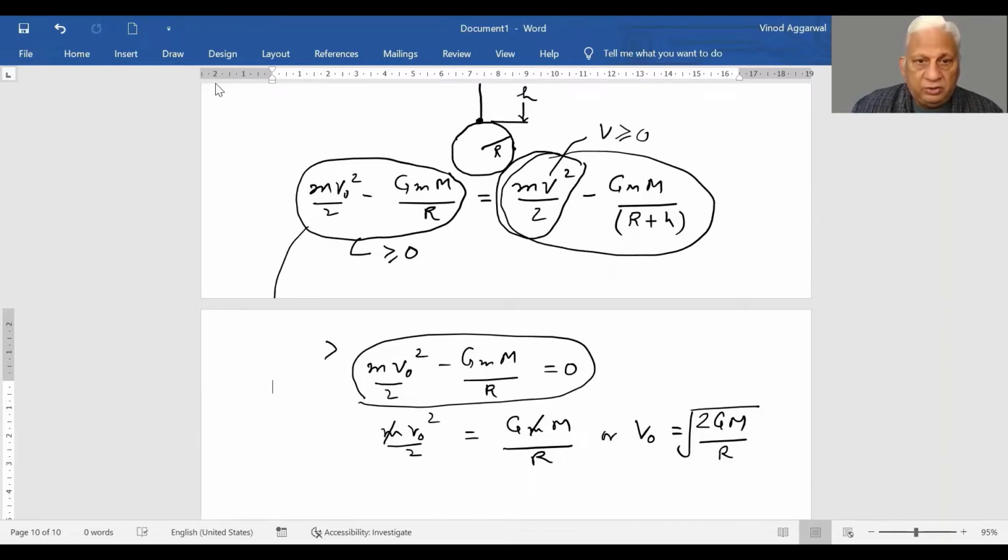But what if it is not 0? If it is not 0, then our v, which is the final velocity, will not be 0, it will be greater than 0. Which means that our satellite will keep going up and up.